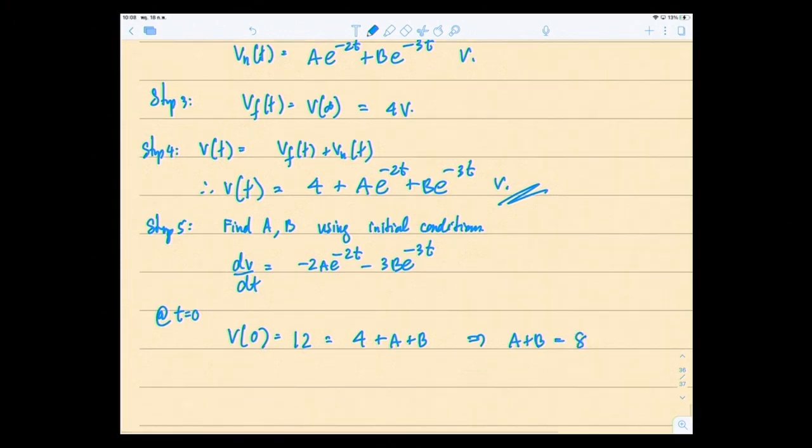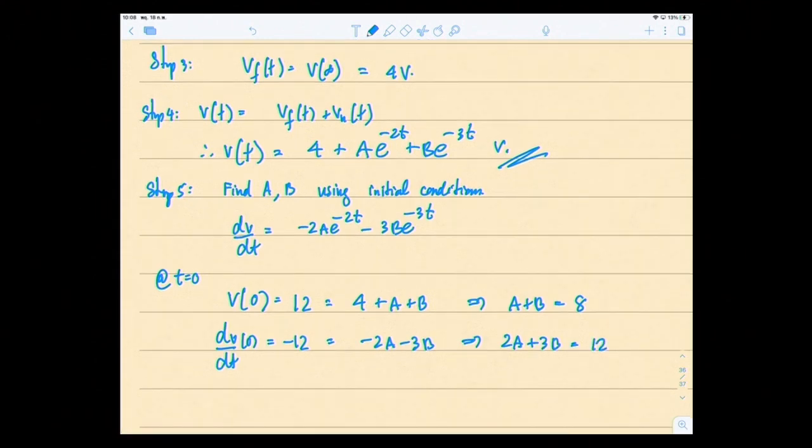And the second initial condition, dV/dt at 0 is equal to minus 12, which is equal to minus 2a minus 3b. So you have 2a plus 3b equal to 12. Okay, so solving these two, you have a equal to 12, b equal to minus 4.